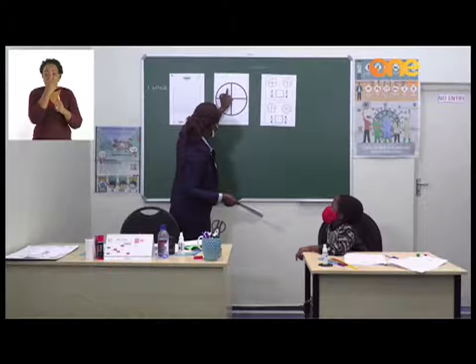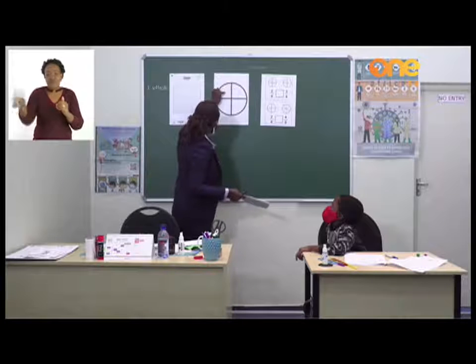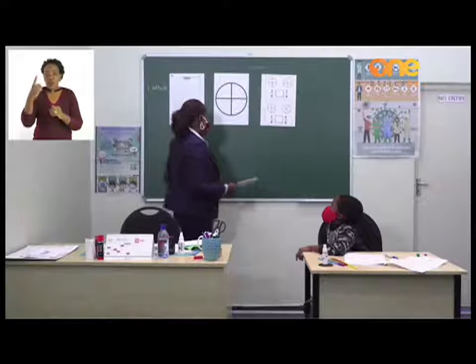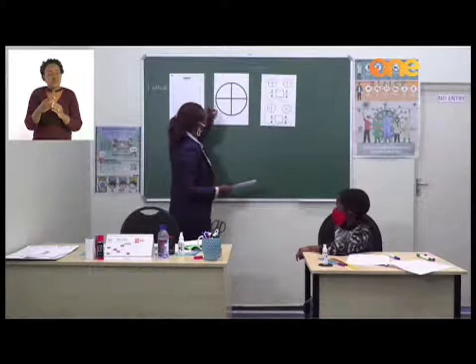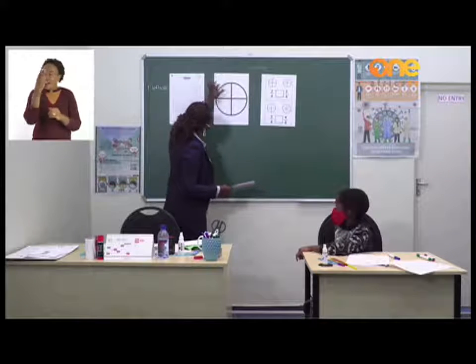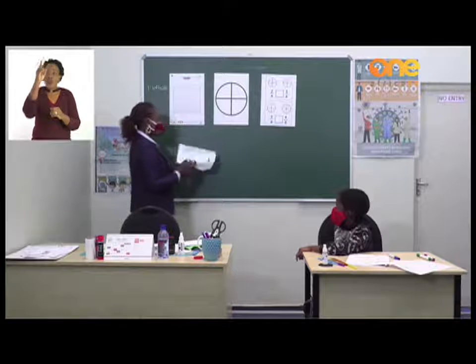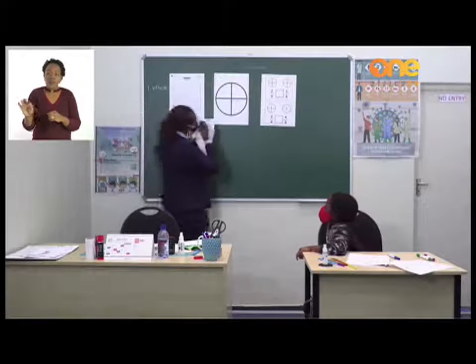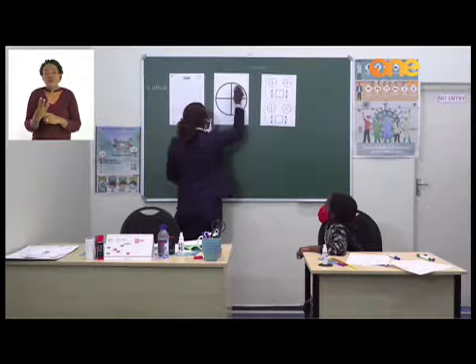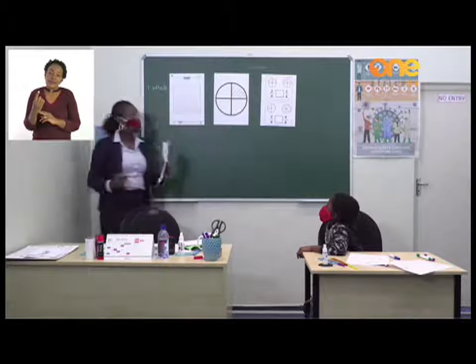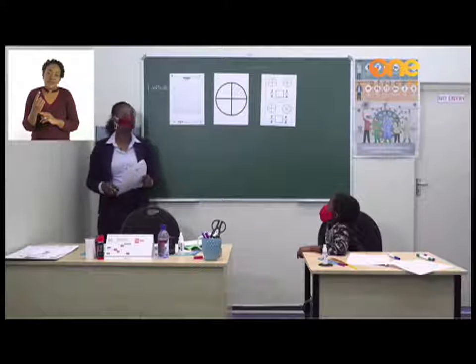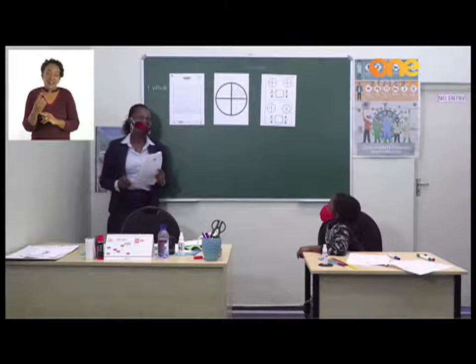This 1 part out of the 1, 2, 3, 4. We don't say 1 over 3. We say 1 out of 4. So we want to color 1 over 4. So this is what we do. So, like this, it will be 1 over 4.